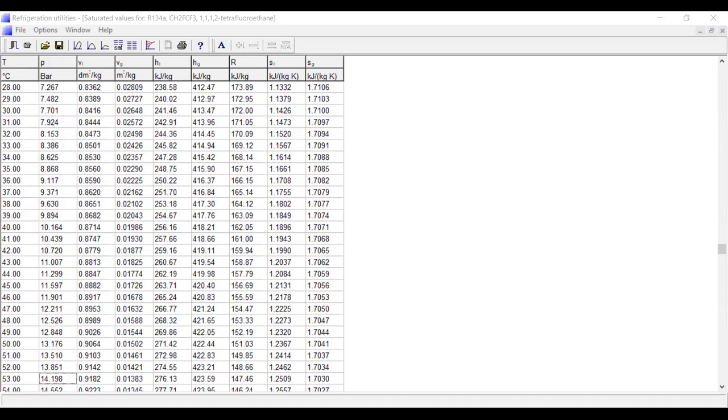Good. So originally at 7 bar. That's why I changed this to 7 bar.